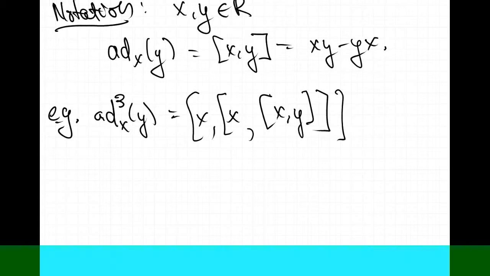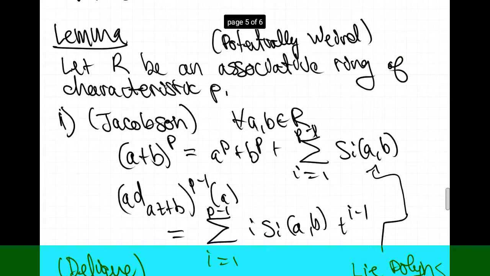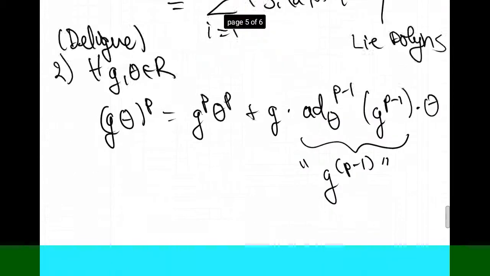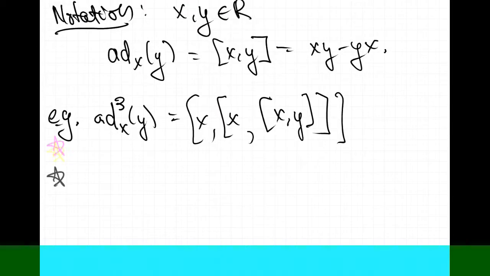I also said there's a potentially weird action here. Let me say something about this. Referring back to this point here, you could take a ring R, and let's say it's just a commutative ring.